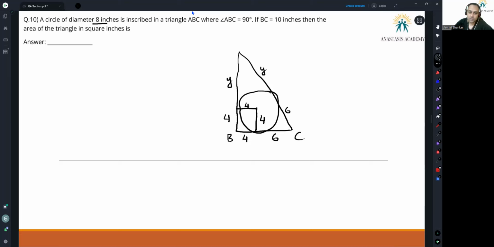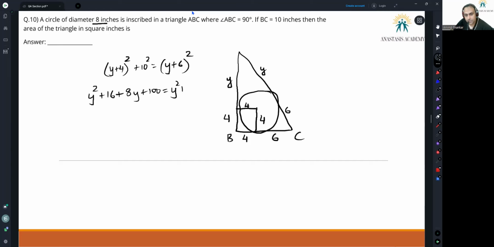Now we can solve it using an equation. (y plus 4) whole square plus 10 square is equal to (y plus 6) whole square. We get y square plus 16 plus 8y plus 100 is equal to y square plus 12y plus 36.